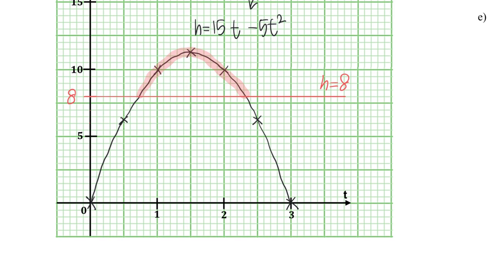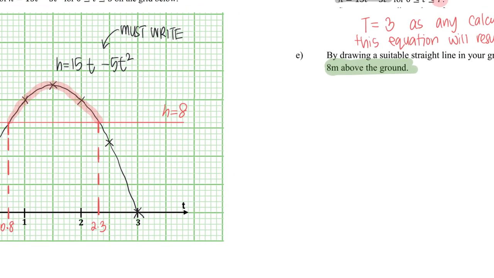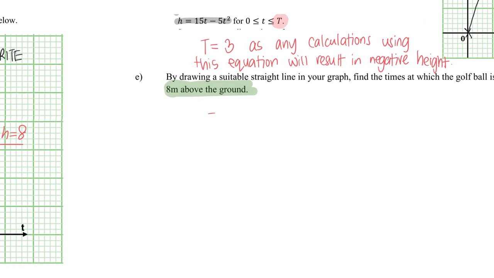And the time will be from here to here. So this will be, let's see, from t equals 0.8 and 2.3.